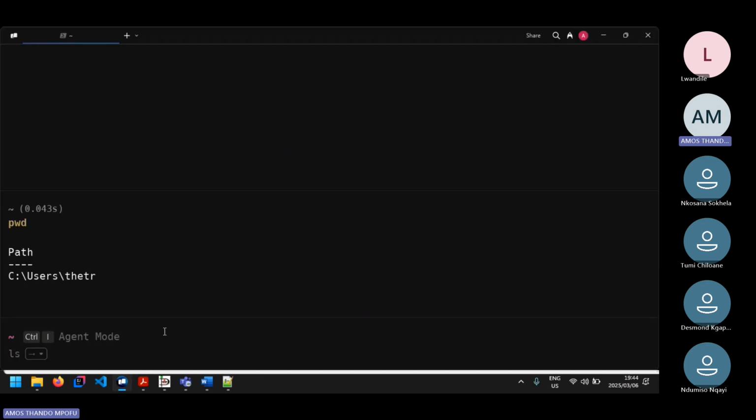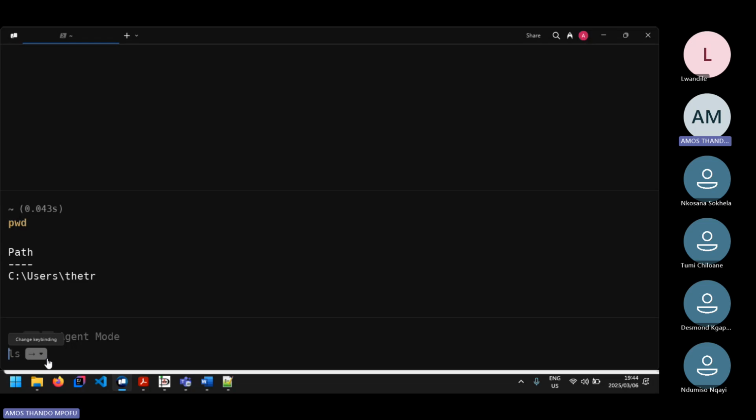So there are different commands that you can run on the terminal. Let's say you want to list what's currently within the folder. I know where I currently am. I'm basically in the Tether folder. To look at what's inside the Tether folder on Windows, there are different commands for specific operating systems.